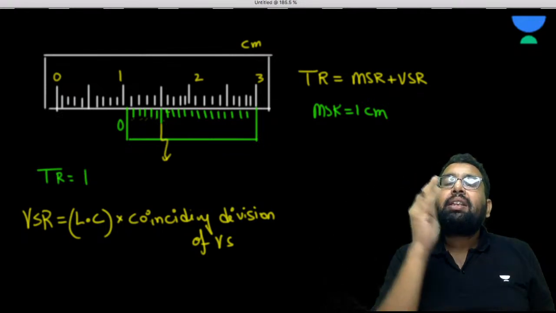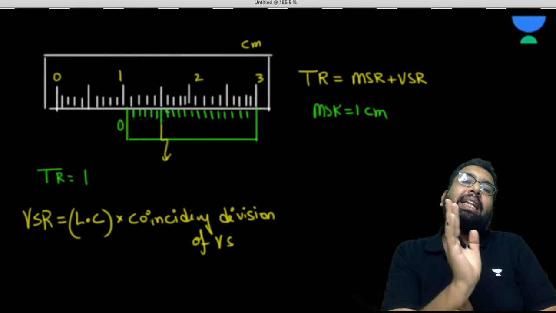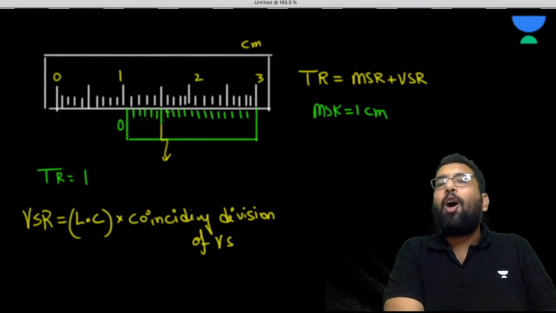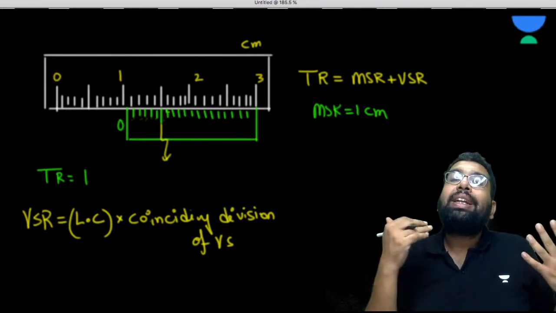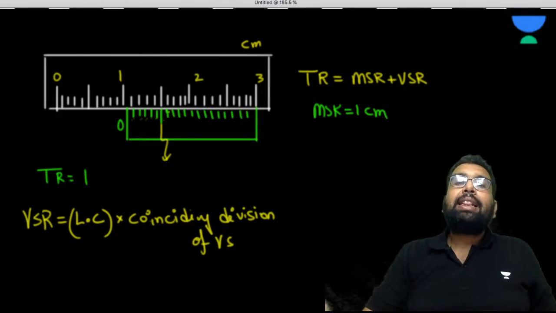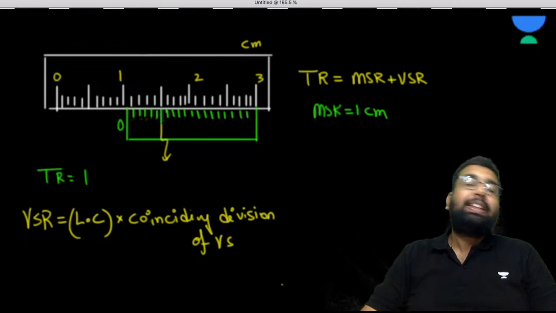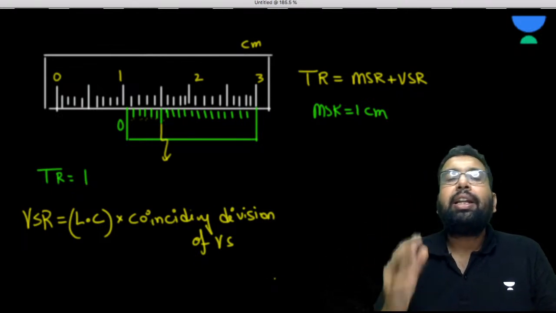So the sixth division on the Vernier scale is coinciding exactly with some division of the main scale. You have to see this coinciding division and multiply it with the least count. This way you get the Vernier scale reading.